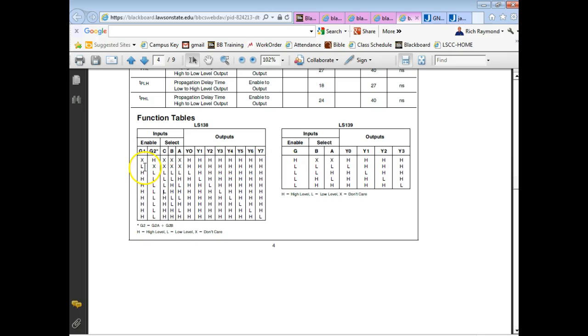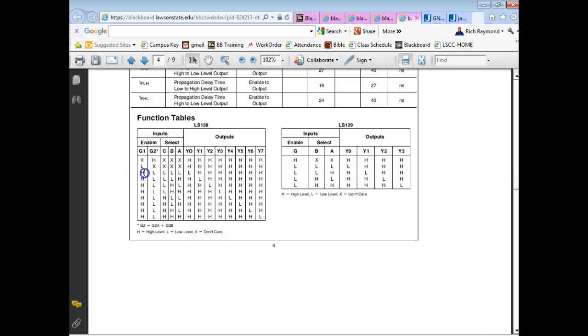If G1 is low, then G2s don't care, because G1 is high active and your G2s are low active. So it takes all 3 of them to be enabled, right? If you're disabled, your inputs could be changing, but we don't care what they are, and all the outputs go high.